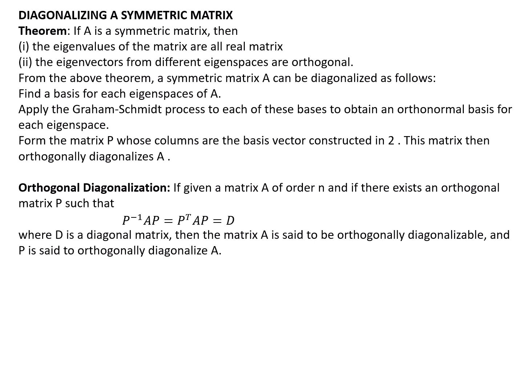Form the matrix P whose columns are the basis vectors constructed, then orthogonally diagonalize A. Orthogonal diagonalization: given a matrix A of order n, if there exists an orthogonal matrix P such that the inverse of P multiplied by AP is equal to P transpose multiplied by AP, which equals the diagonal matrix D, then the matrix A is said to be orthogonally diagonalizable, and P is said to orthogonally diagonalize A.